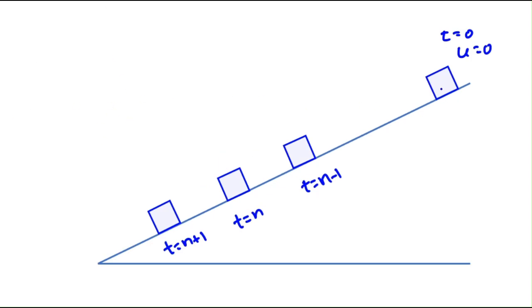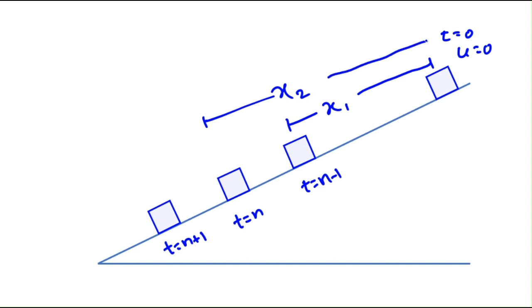This block starts from here and it slides down along this plane, and this inclined plane is smooth. That is, there is no friction. So let's take this distance to be x1 and this distance to be x2, and let's say this distance to be x3.